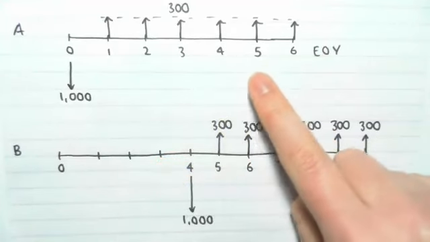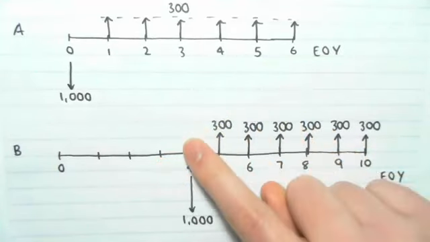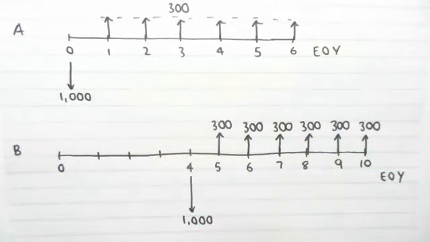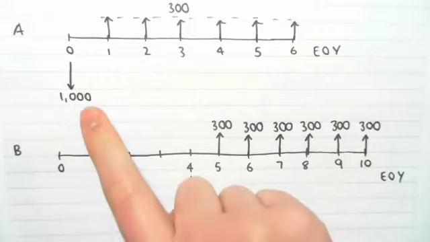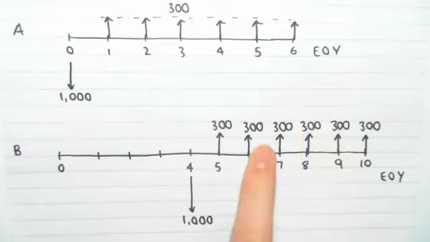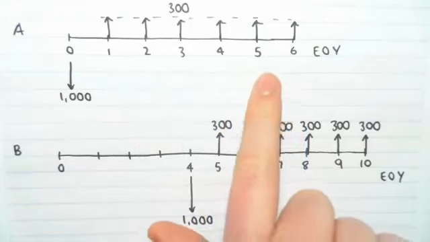So we can basically take the present worth of A and discount it another 3 years to work out the present worth of project B. So we already know that project B is going to have a lower present worth than project A. But simply looking at the cash flows, we've got a $1,000 investment and then a $300 annuity for the next 6 years.